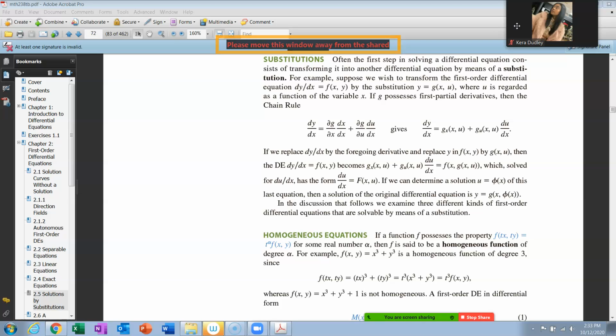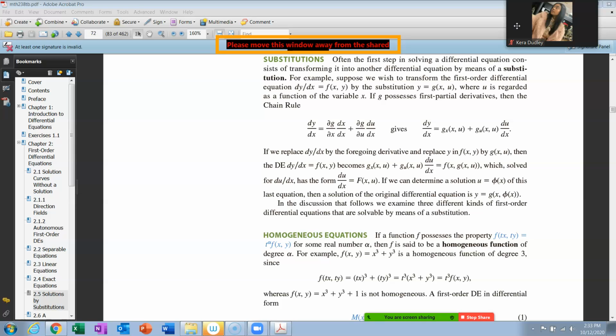And as the foreword indicated, not everything's going to work by separation of variables, linear equations, or exact equations, but sometimes we can make some substitutions, somewhat similarly to what we did with those, to get it into one of the other forms.